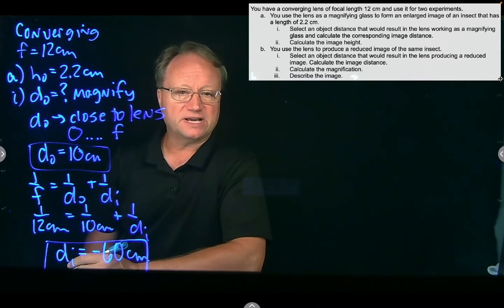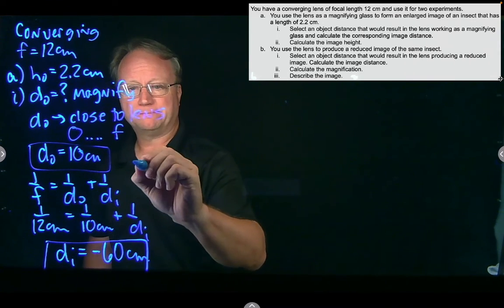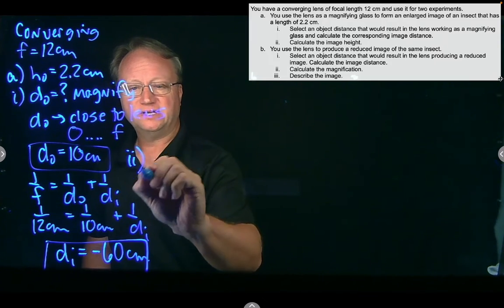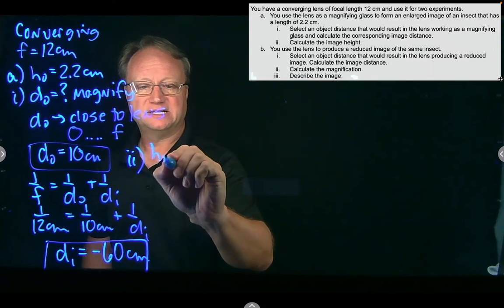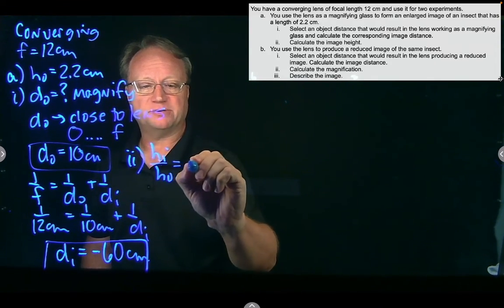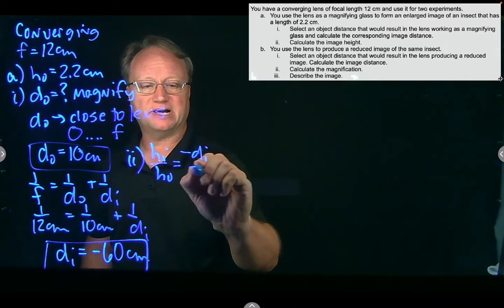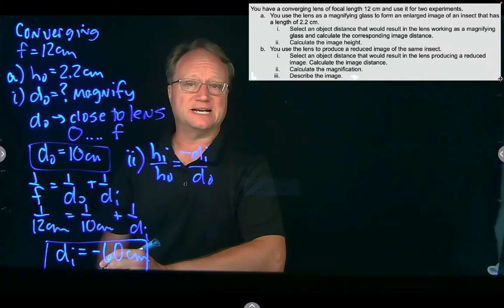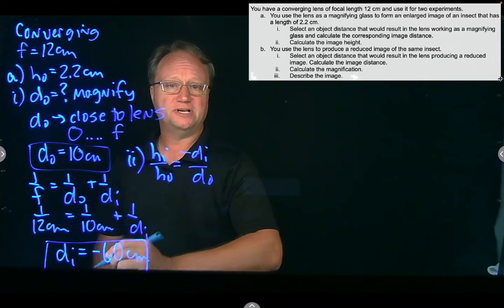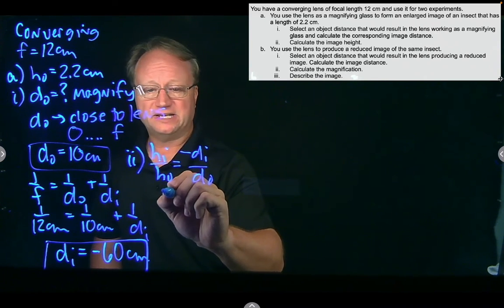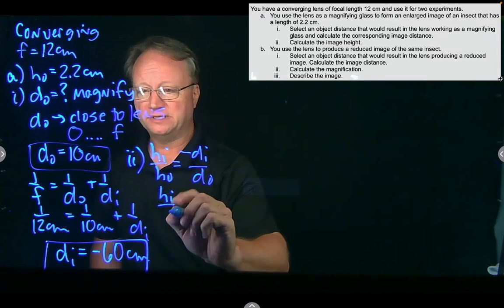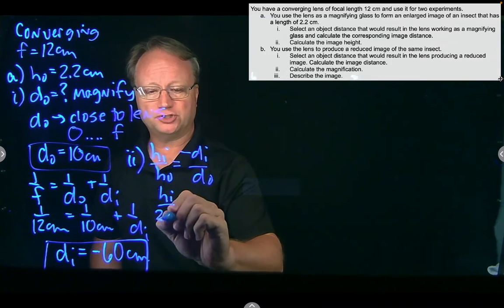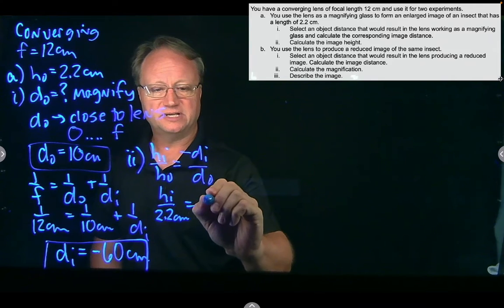Now, the second part, calculate the image height. If we want the image height, h sub i over h sub o equals negative d sub i over d sub o. That's our other lens equation. So plugging in values, h sub i is what we want to calculate. H sub o, that was the 2.2 centimeters.